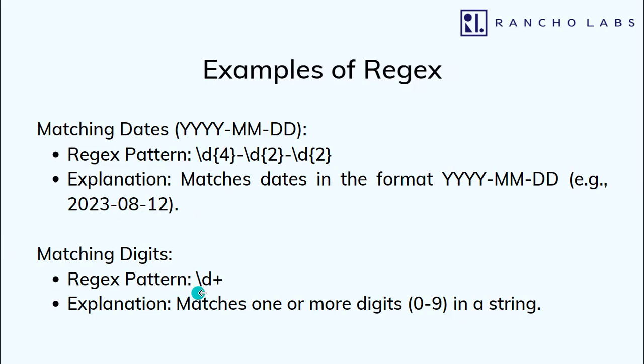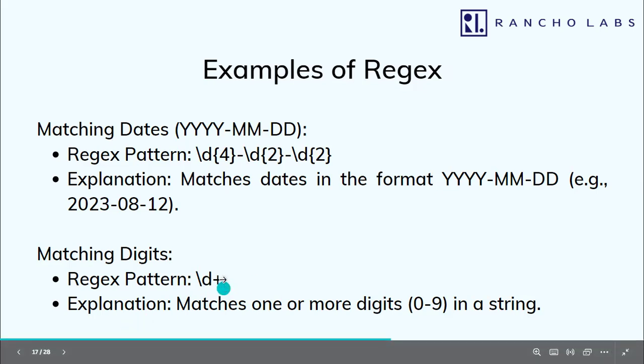Another one: \d means digit, and plus means one or more digits. For sure, you have to give at least one digit there. If you want to give an Aadhaar number, it is 12 digits. Or if you want to match any number where you don't know how many digits there will be, we can just mention plus.